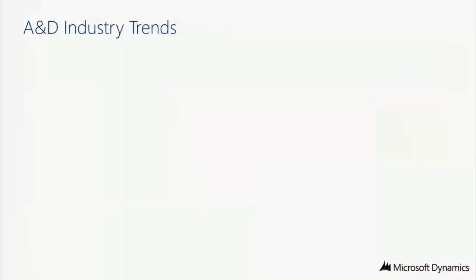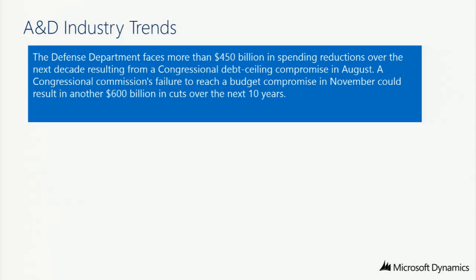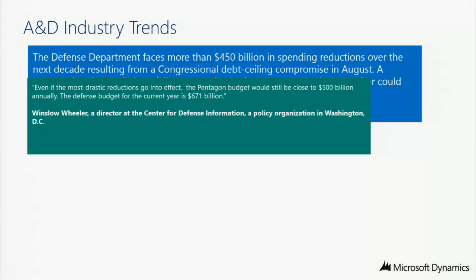In aerospace and defense, I'll just throw out some numbers. The U.S. is facing about a $450 billion cut in spending. Ooh, that's big money. We've got to get out of this business. But guess what? That market represents close to $500 billion in spending over the next year, even after that huge cut.